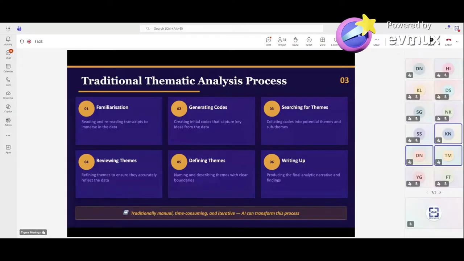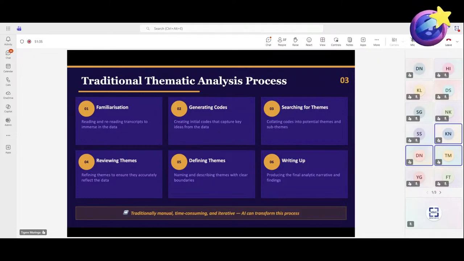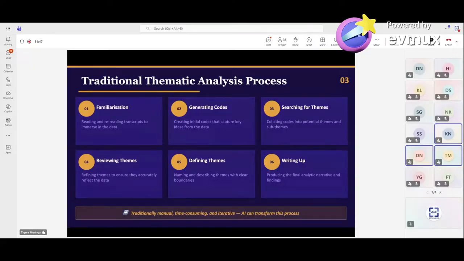So, drawing on the Braun and Clarke thematic analysis approach that was first put forward in 2006, there are different stages to producing the findings and analysis section, whether you're writing an article or doing your PhD, masters or honors.